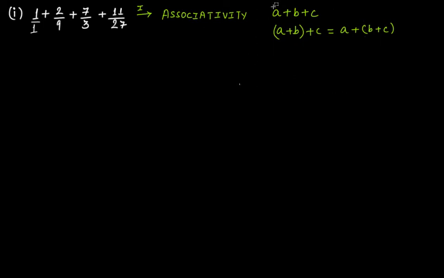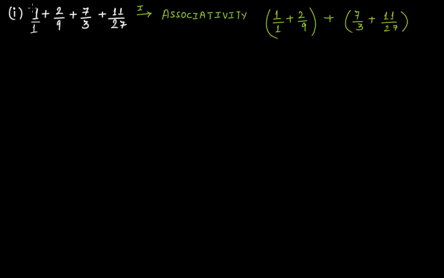So if we apply associativity in this case, then we can write it as 1 over 1 plus 2 over 9, like you can associate in different ways, plus 7 over 3 plus 11 over 27. Right? All we have done is put brackets here.